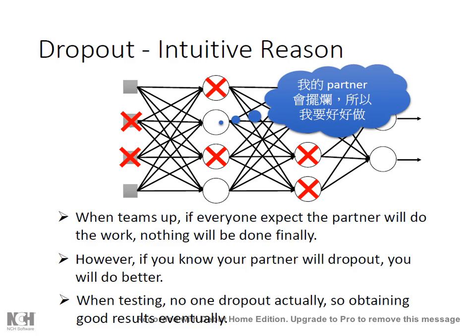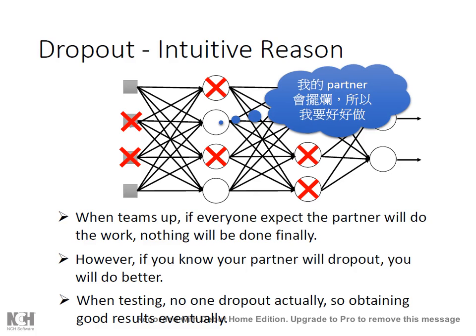Here is the explanation. In a team, if everyone assumes the partner will do the work, nothing will finally be done. But if you know your partner may drop out, you will do better. Then in your testing, no one will drop out, right?